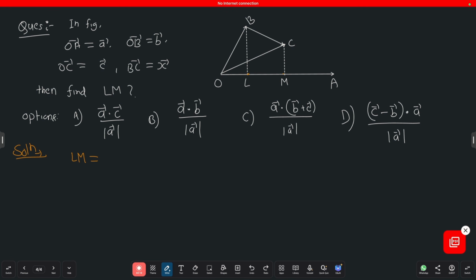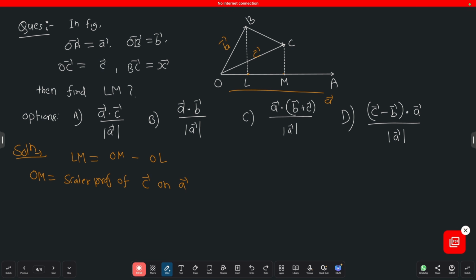So LM is OM minus OL, and OM is the scalar projection of C vector, because OC vector is C vector, and this is B vector, and this is A vector, on A vector, because OA is small a vector.